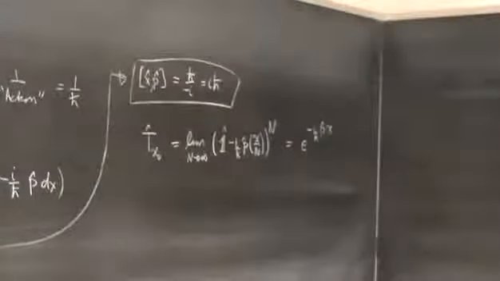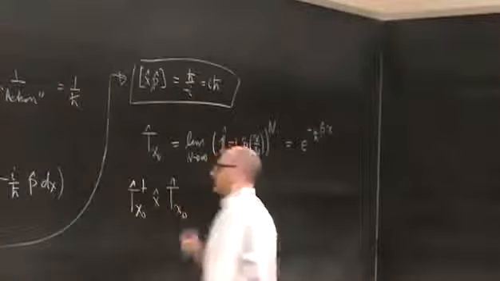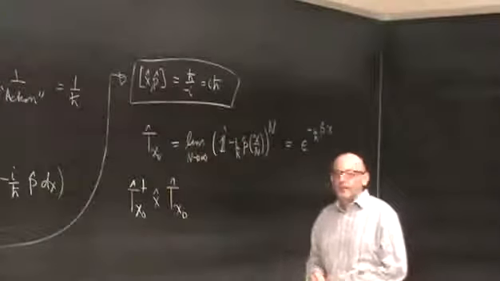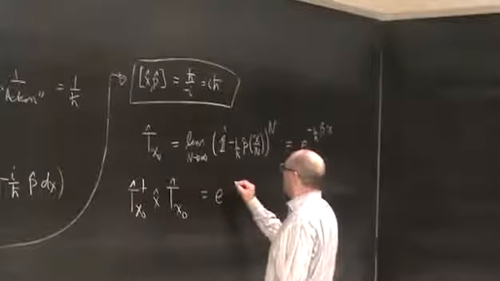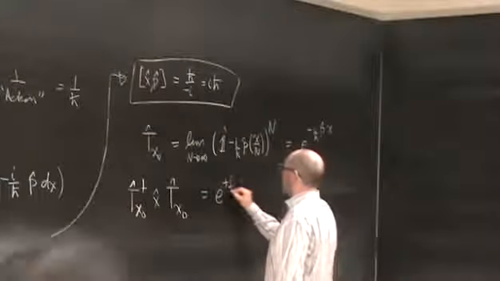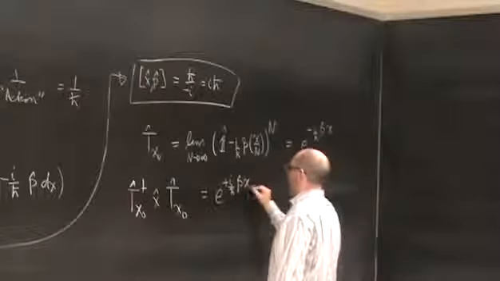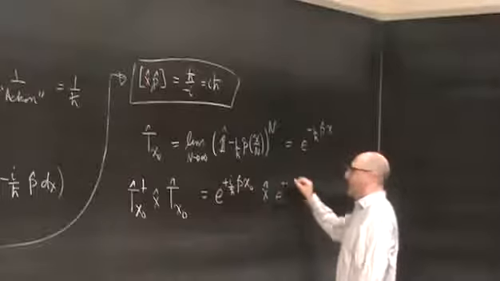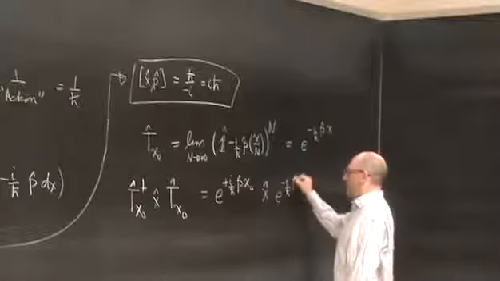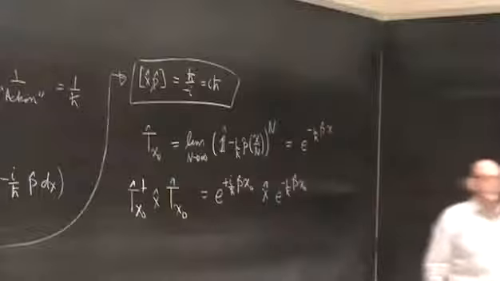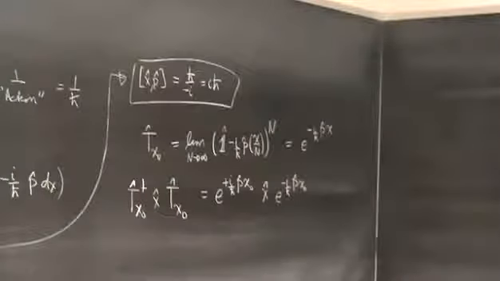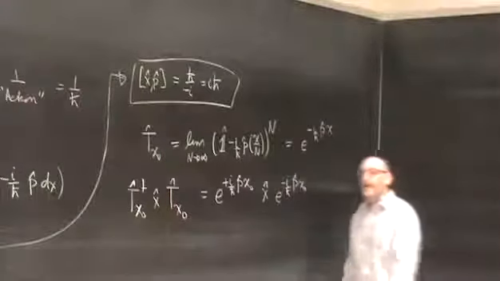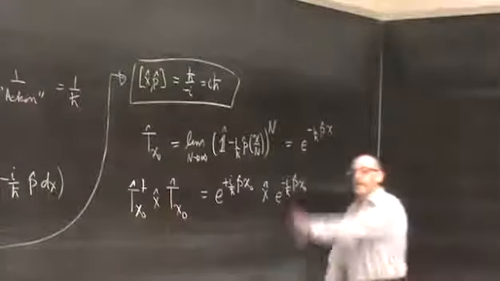So let's look explicitly at this: e to the plus I over h bar p hat x naught, x hat, e to the minus I over h bar p hat x naught. And what we wrote down last time is that we can do this transformation through multiple commutators.